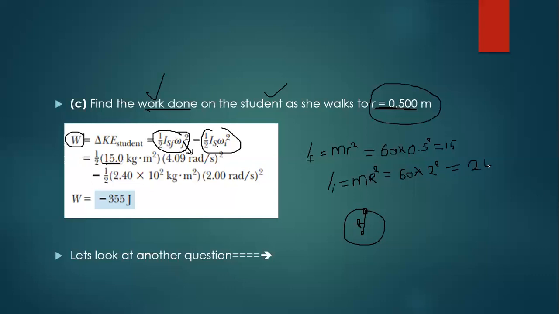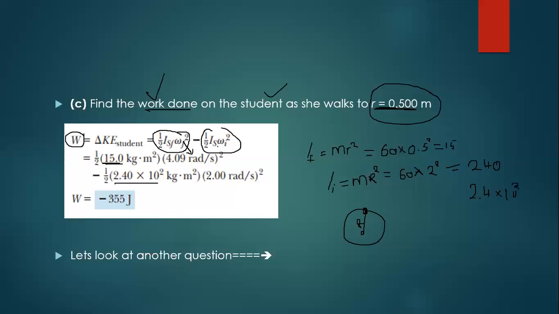If you compute it, you will find 240, which has been written as 2.4 times 10 to the power 2. All right, this is what we have here.